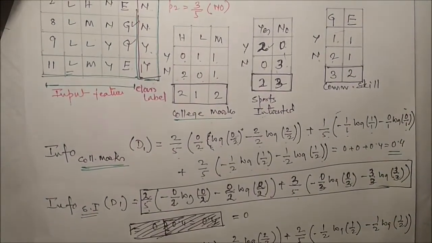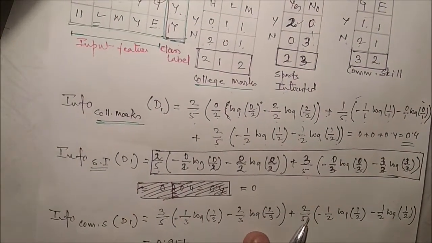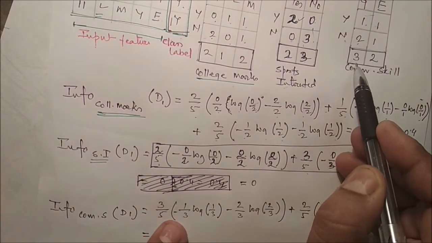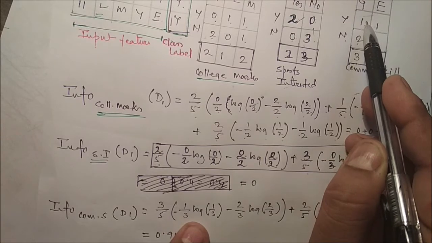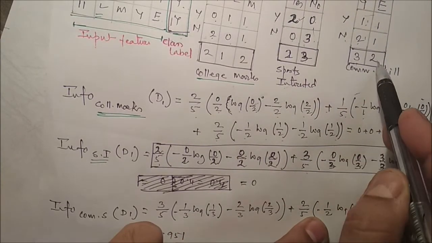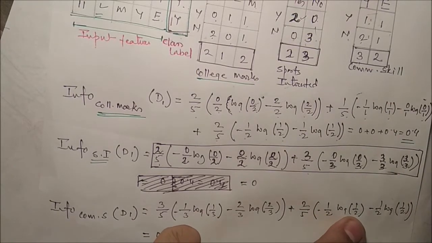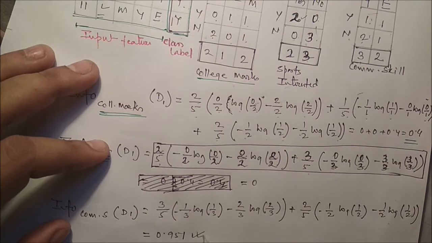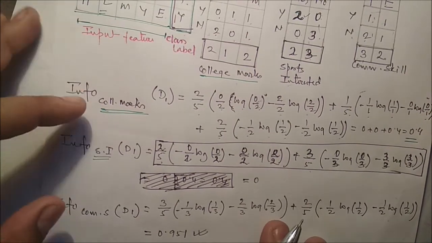So the entropy will be 3/5 times (minus 1/3 log 1/3 minus 2/3 log 2/3) plus 2/5 times (minus 1/2 log 1/2 minus 1/2 log 1/2), and if you solve it, we get the answer 0.951.